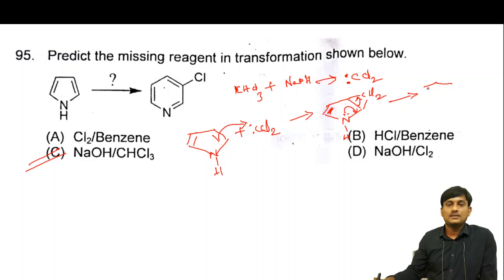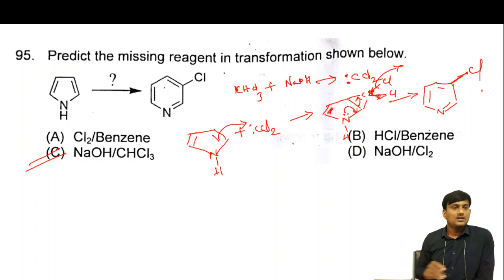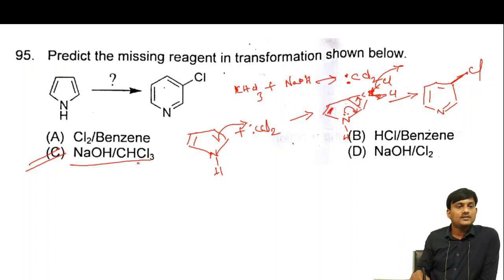So you will get CCl2, you can write 2 Cls, and here there is a removal of chlorine. So you will get this one. At this position there is a chlorine. So what is the reagent? NaOH, CHCl3. It's a ring expansion reaction of pyrrole.